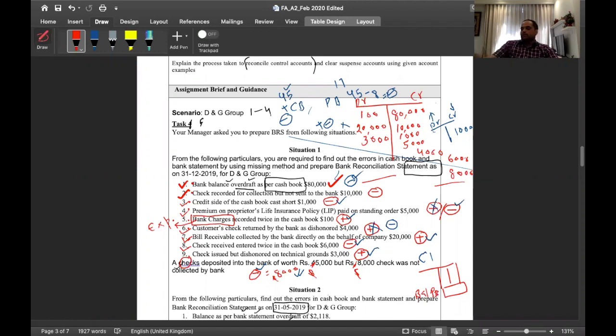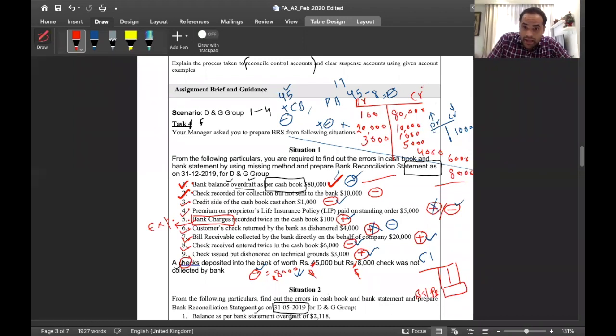Positive or negative? Positive column, negative column. Debit column. Positive or negative? Positive. Positive column, that's right.